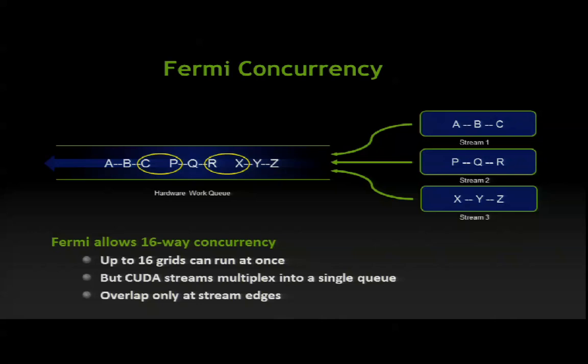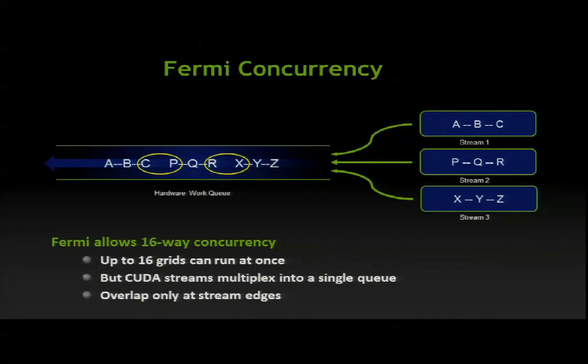And those streams would then feed the kernel launches onto the hardware work queue. And then you had a dispatch unit on the side that was looking at the hardware work queue and said, oh, I have a streaming multiprocessor that's currently idle, not doing anything. I'll take the next available kernel and put it onto that resource.